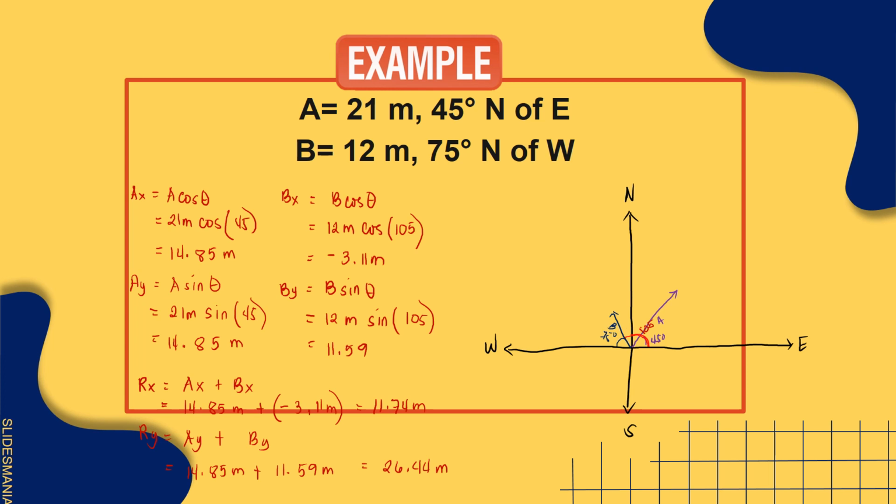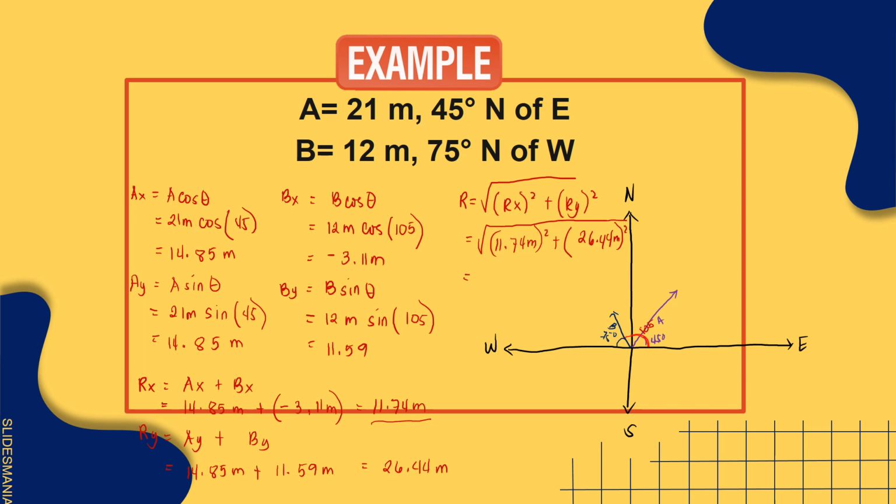Now, to get the resultant vector, we have to use the Pythagorean theorem, which is R is equal to the square root of Rx squared plus Ry squared. So Rx, that is 11.74, plus your Ry, that is 26.44 meters squared.